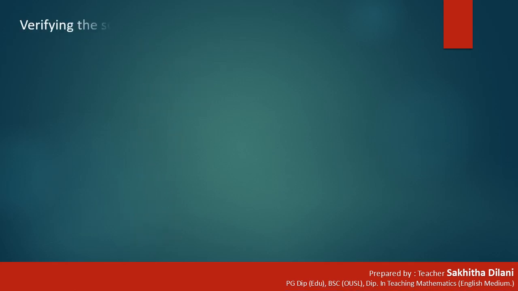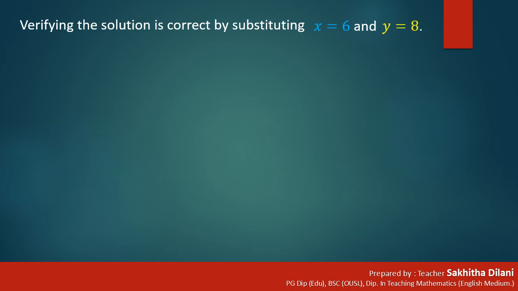We can verify that the solution is correct by substituting the answers in the original equations. Let's substitute the values x equals 6 and y equals 8 in the first two equations. Consider the first equation.